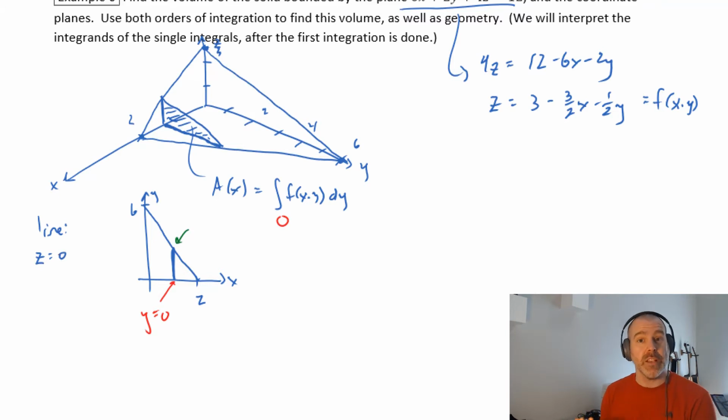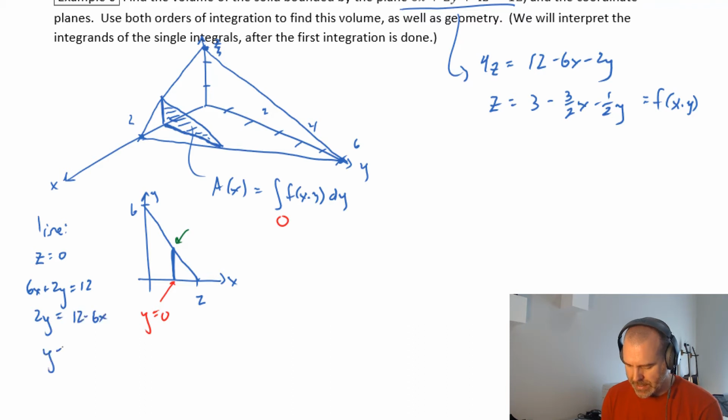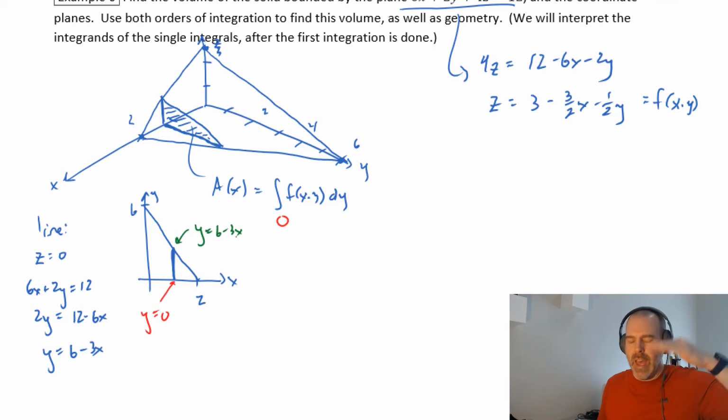That's the trace, right, in the xy plane. So z is equal to 0. We would get 6x plus 2y is equal to 12. 2y equals 12 minus 6x, or y is equal to 6 minus 3x. So that is what that equation is in the xy plane.